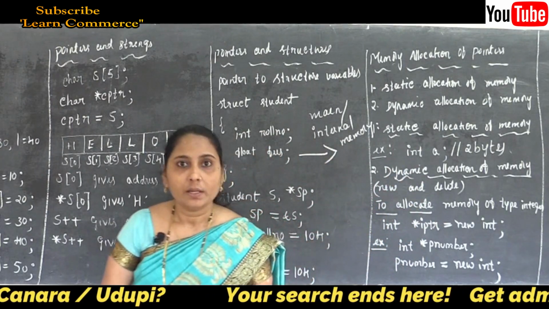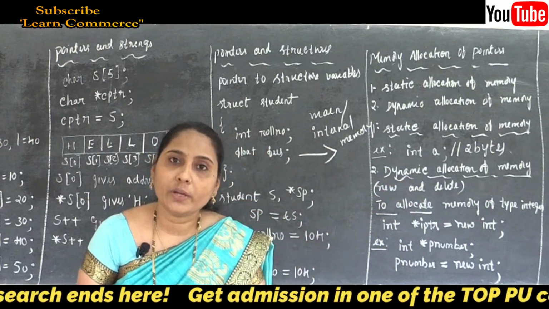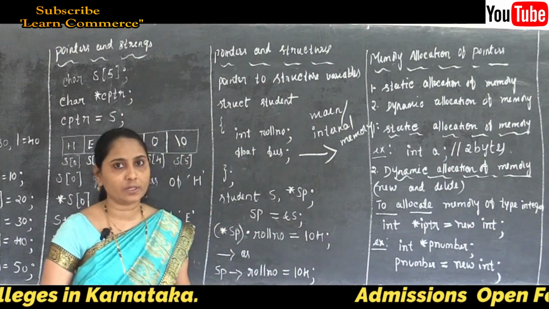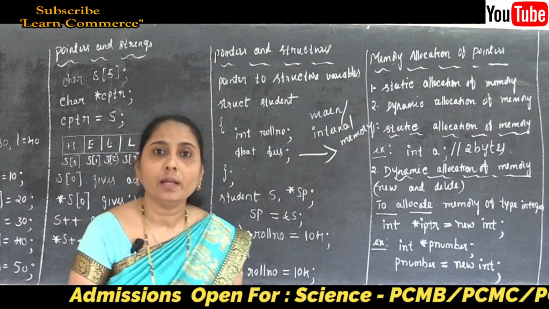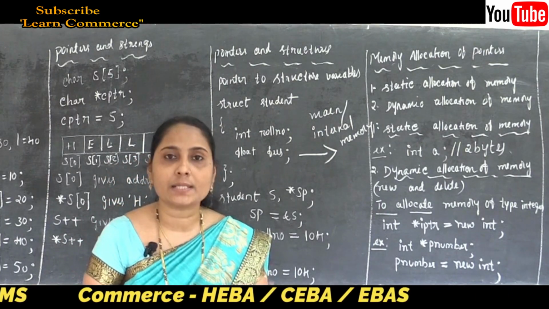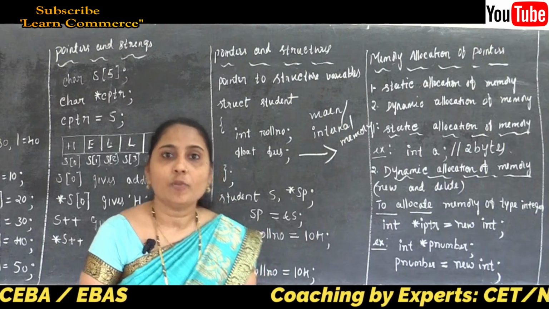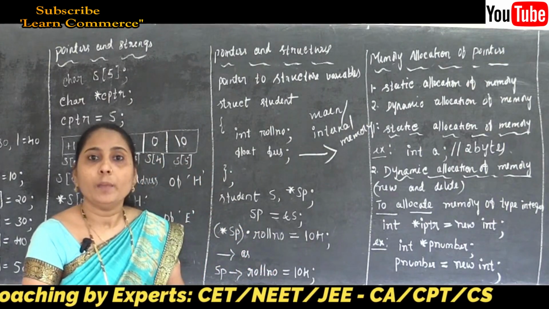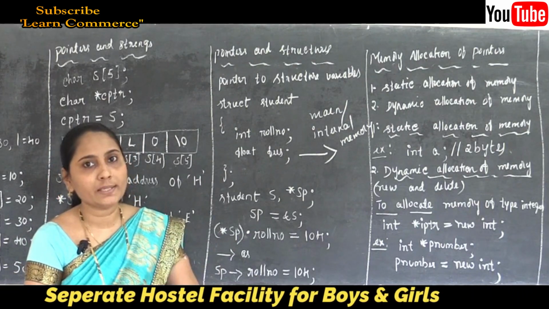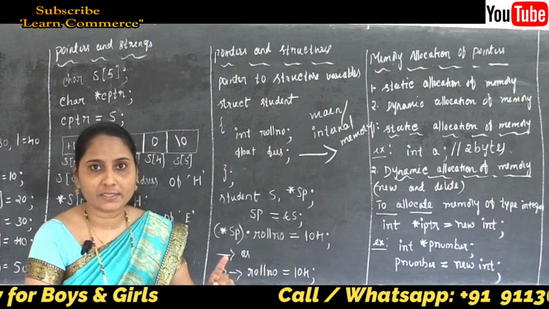That means in static allocation, memory is allocated during declaration time itself. When you declare the variables, only at that time it allocates some amount of memory space for the variables, maybe for data type int 2 bytes, float 4 bytes, character 1 byte.